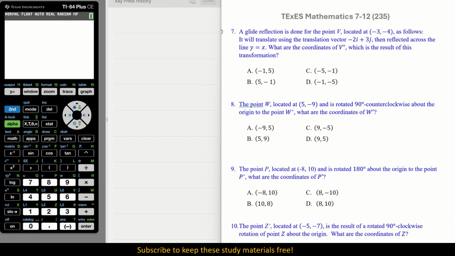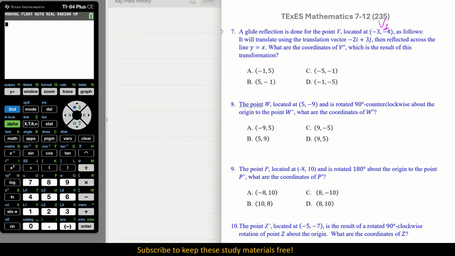Number 7, a glide reflection is done for the point V located at -3, -4 as follows. First, before I move on, I want to call that V1. That's where we started.